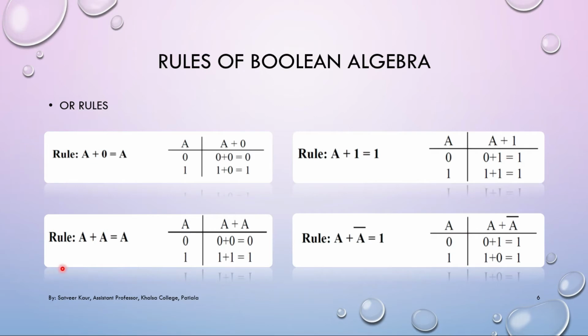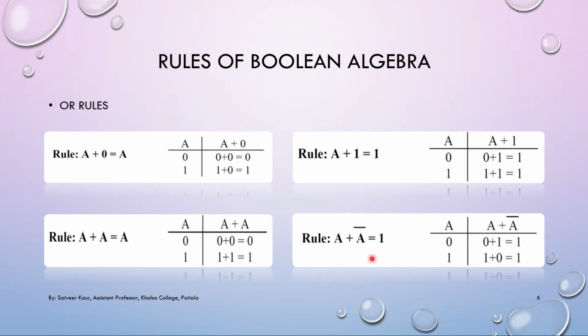The third OR rule is A or A equals A. If we perform the OR operation on the same input, both inputs are the same, and in that case the output will be that same value. If the value of A is 0 and we perform 0 or 0, it will be equal to 0. If the value of A is 1 and we perform 1 or 1, it will be equal to 1.